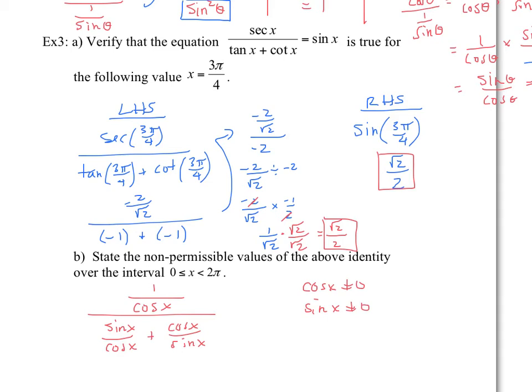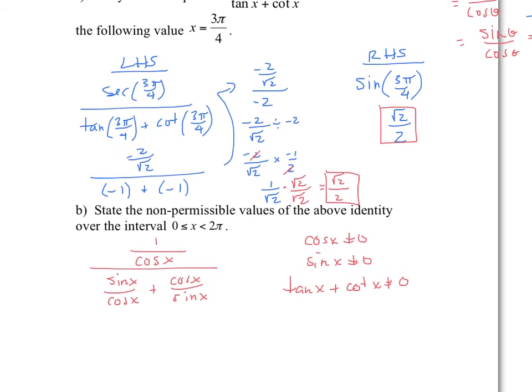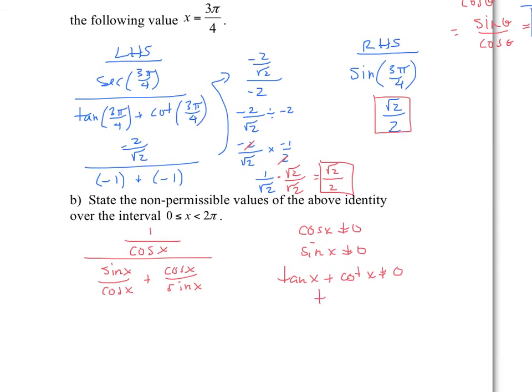Now, there's one more thing. If you look at the denominator, I'm going to go back to that original. We also have to say that tan x plus cotan x cannot equal 0. So the sum of the two cannot equal 0, which basically means that tan x cannot equal negative cotan x.